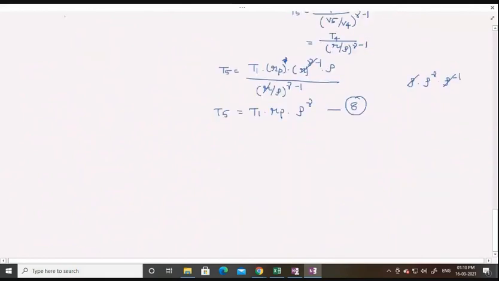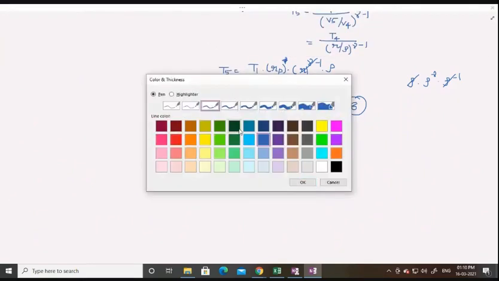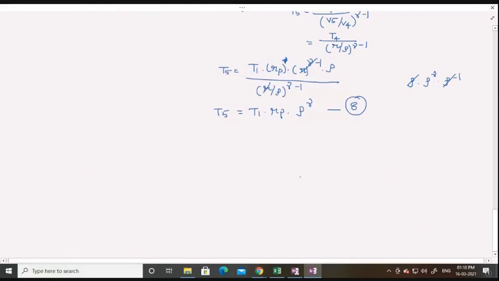Now just simply you can substitute the parameters T2, T3, T4 and T5 in equation number 4, right? You get the efficiency in terms of compression ratio and pressure ratio. Equation number 4 is nothing but 1 minus T5 minus T1 divided by T3 minus T2 plus gamma into T4 minus T3.